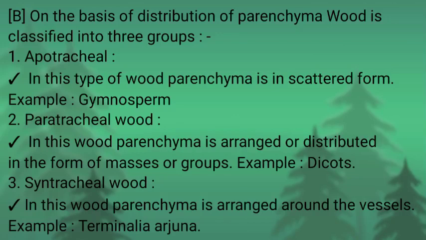Example, dicotyledonous plants. Syntracheal wood: parenchyma is arranged around the xylem vessels. Example, Terminalia arjuna. Apotracheal wood is seen in gymnosperms, paratracheal wood in dicotyledonous plants, and syntracheal wood in Terminalia arjuna.